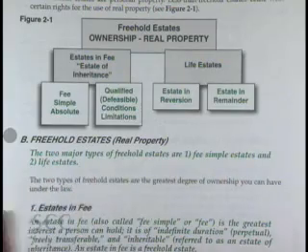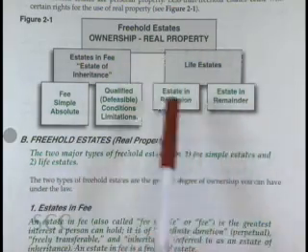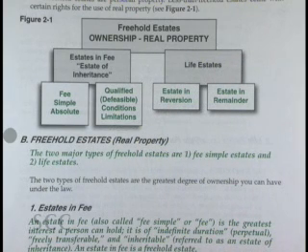Conversely, I can also have something called a life estate. Now, you may say, well, what do we mean by a life estate, and how would we end up with one? An example I usually like to use is this. We all have parents that are getting older.